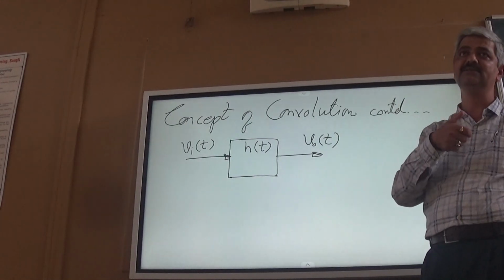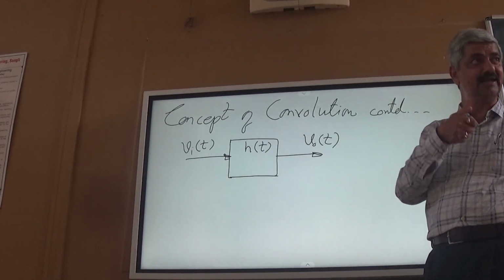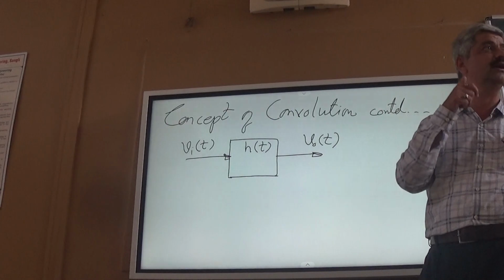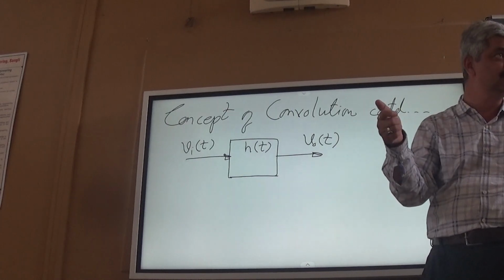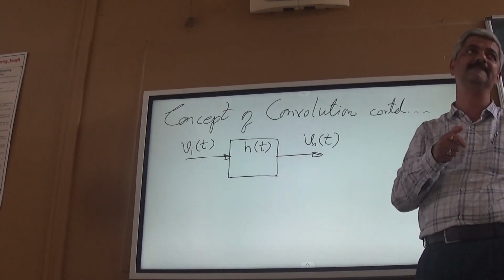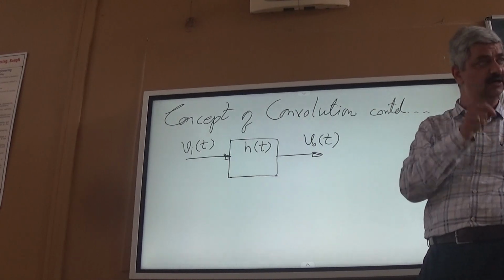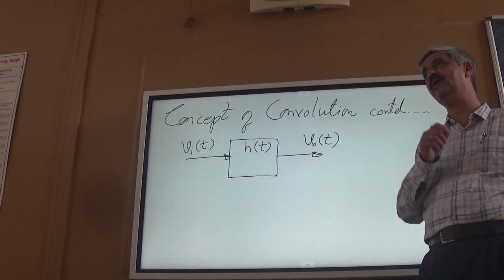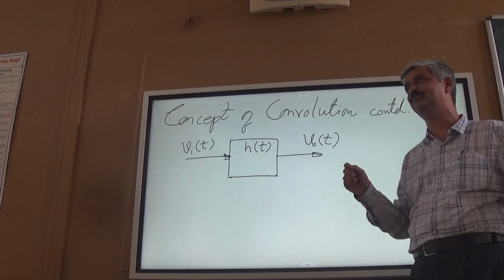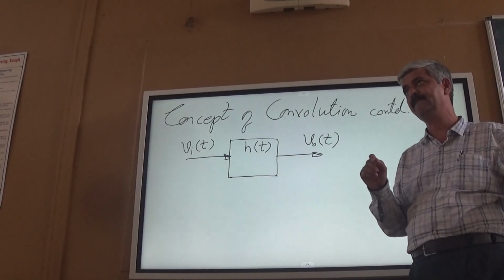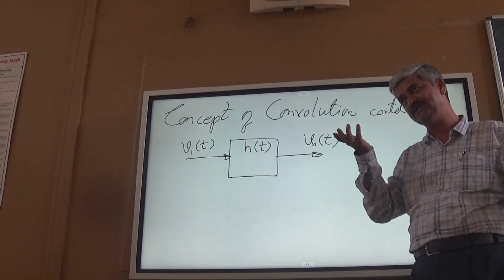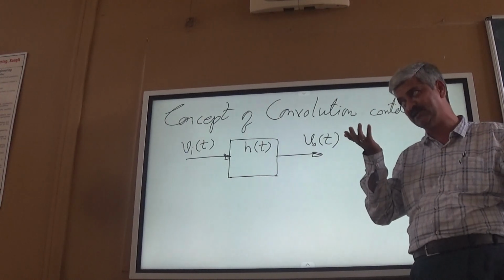It is the weighted sum of current and previous inputs, and the weights is a curve, that is h(t). So last time we had plotted input output waveform, and based on that we were expected to model the system.